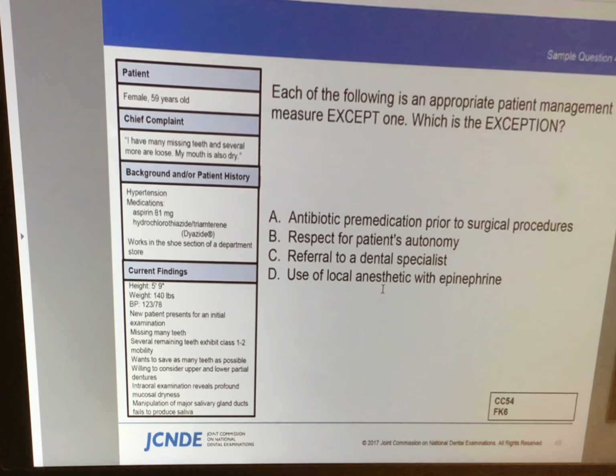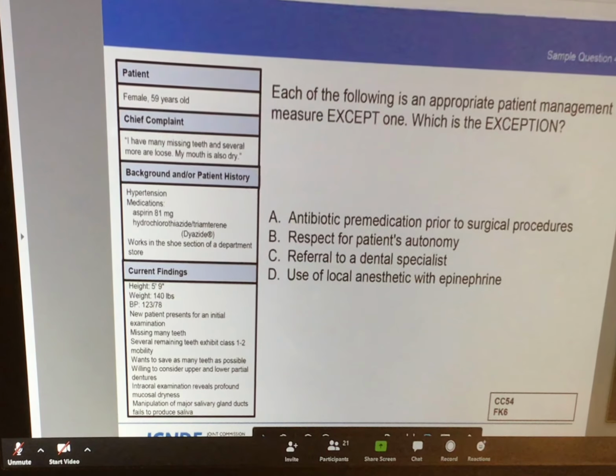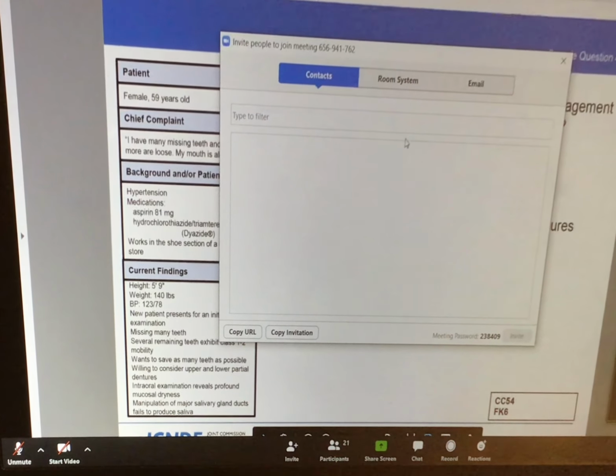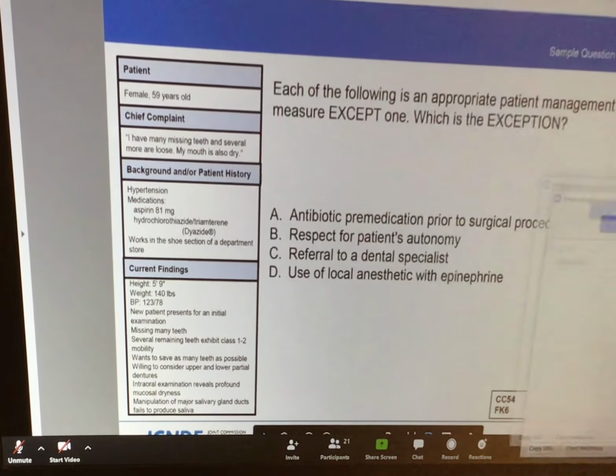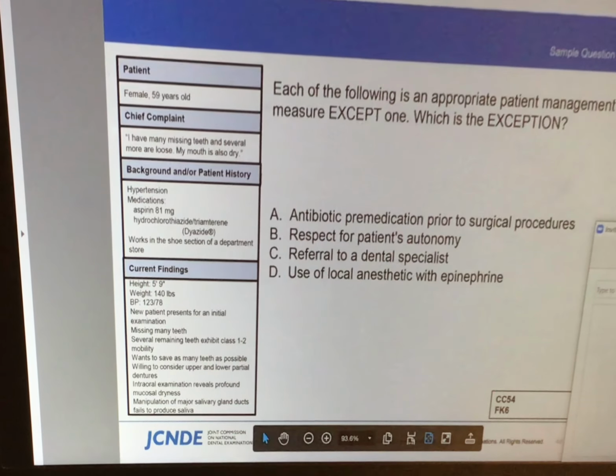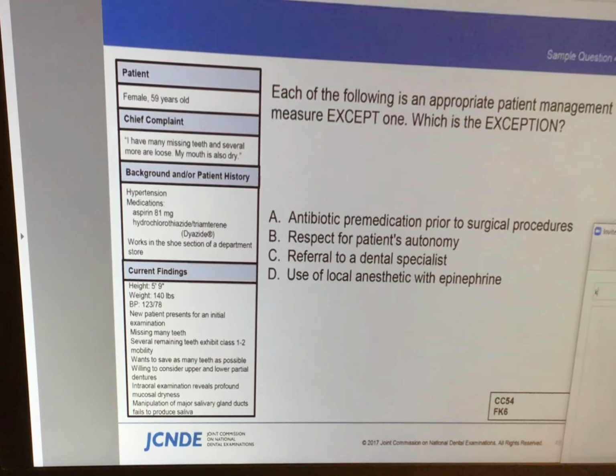Female, 59 years old, with a chief complaint of I have many missing teeth and several more are loose. My mouth is also dry. The background is that she has hypertension. The medication she's on is aspirin, 81 milligrams, and hydrochlorothiazide and triamterene. She works in the shoe section of a department store.